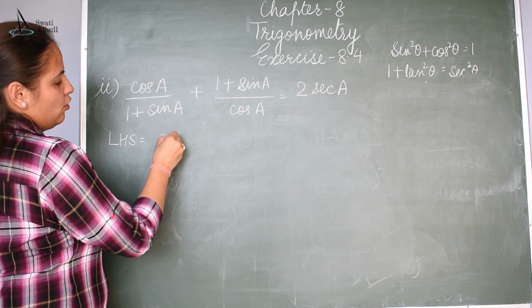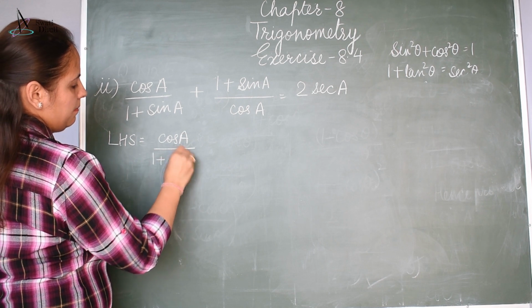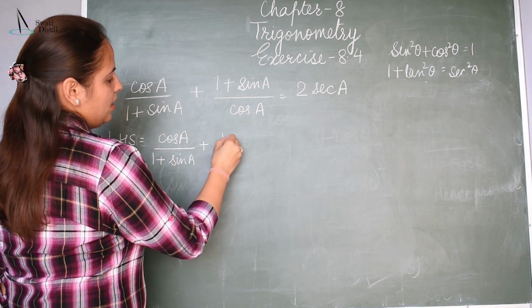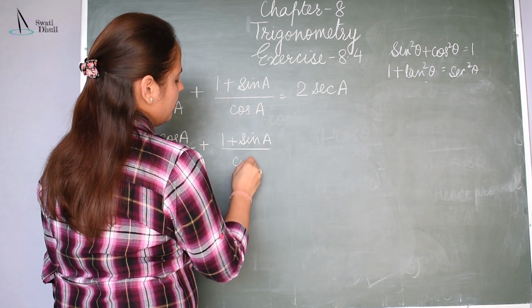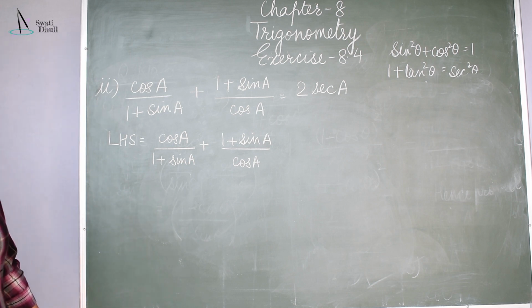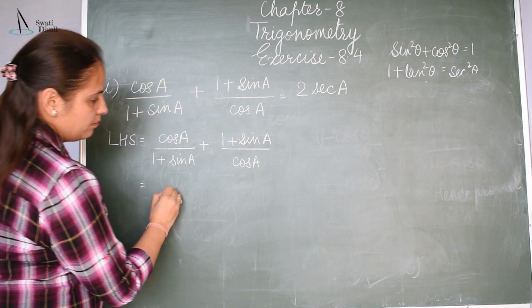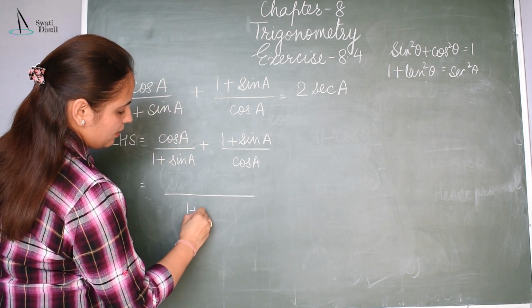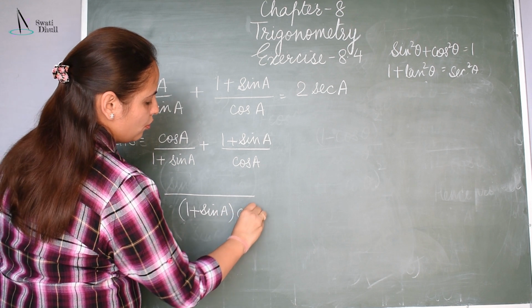Left hand side is cos A divided by (1 plus sin A) plus (1 plus sin A) divided by cos A. Now see, here the function is already given in sine and cos, so you have to proceed. You have to take LCM here. What will be the LCM? (1 plus sin A) into cos A.